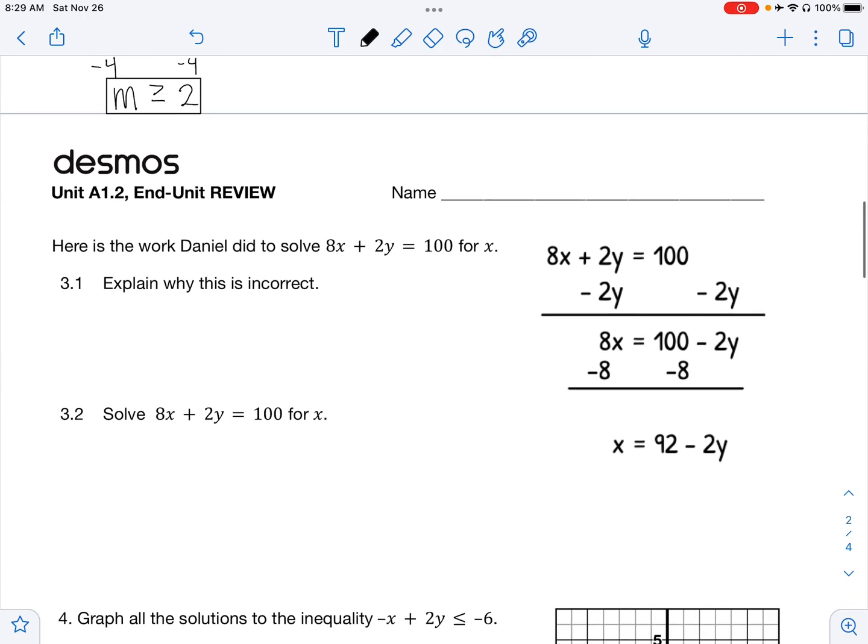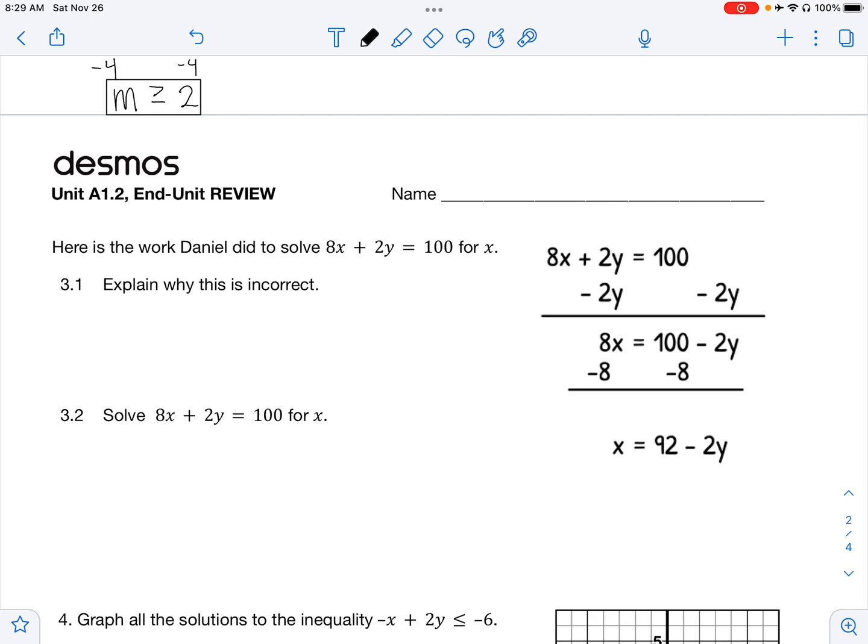Okay. This next one here is the work that Daniel did to solve 8x plus 2y equals 100 for x. Explain why this is solved incorrectly, so let's go through each part. 8x plus 2y equals 100, minus 2y minus 2y. That looks okay. This is the opposite operation, or inverse operation.